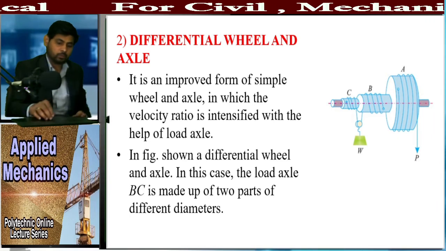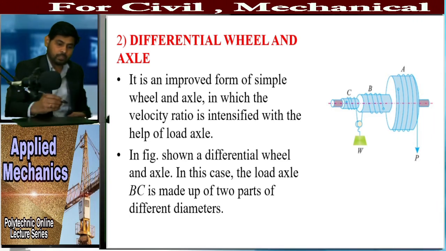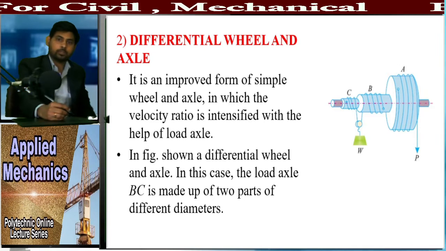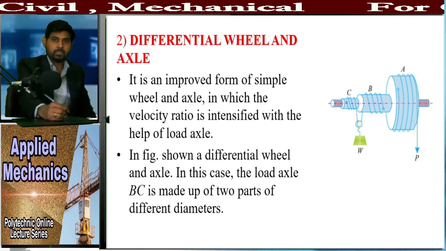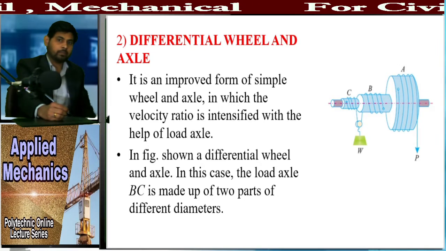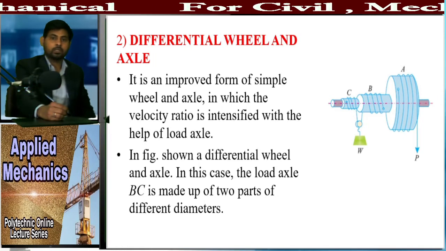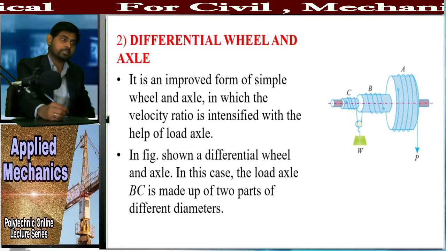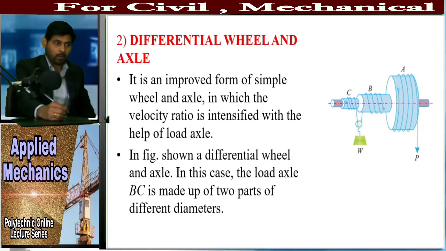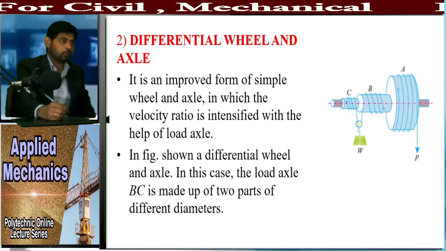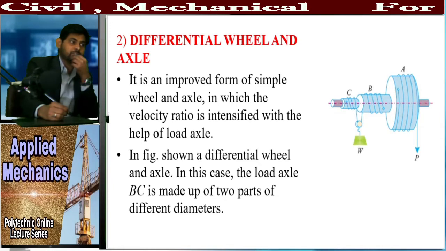We discussed two problems, and we know the velocity ratio for a simple wheel and axle is capital D by small d, where capital D is the diameter of the wheel and small d is the diameter of the axle. Now in today's lecture we are going to discuss the differential wheel and axle.